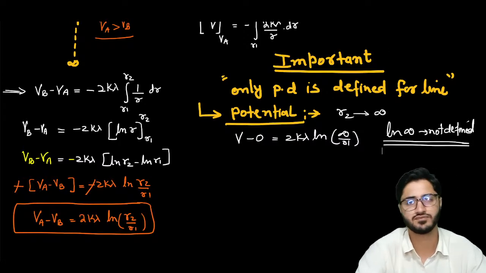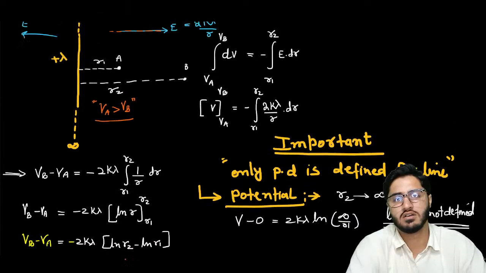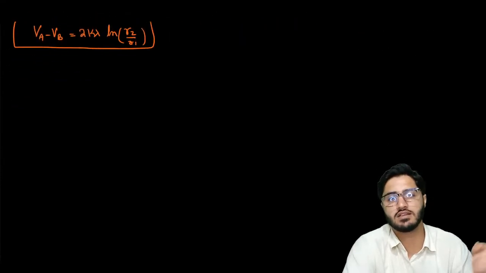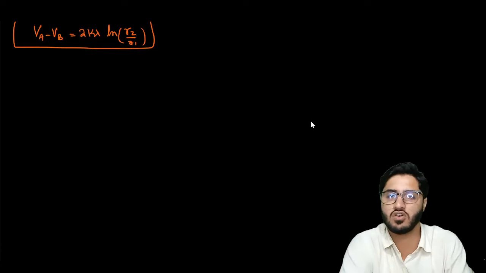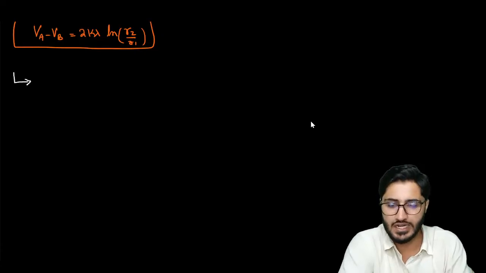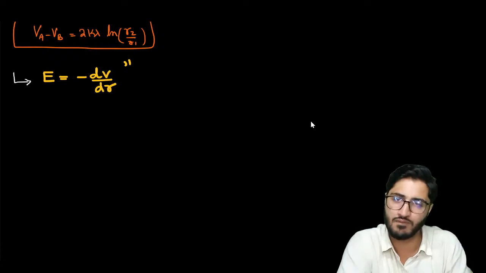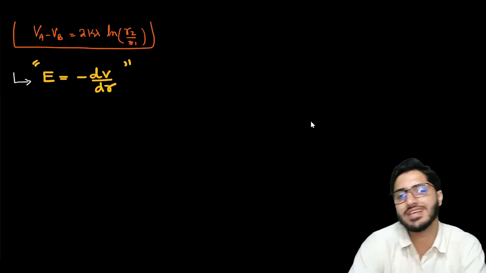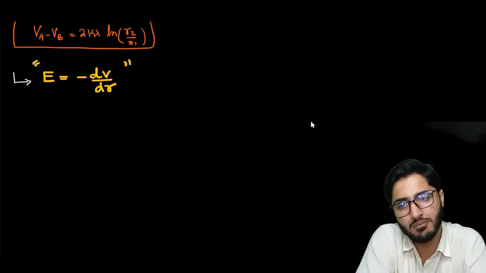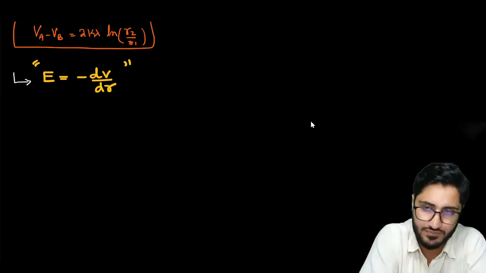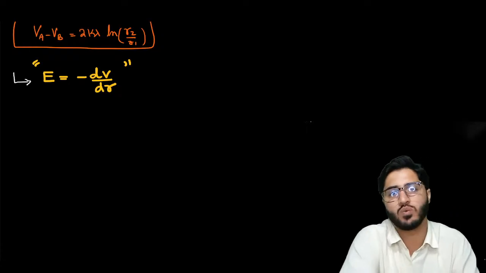Okay, look now. One thing we discussed yesterday is that electric field E is nothing but minus dV by dr. If we go in the direction of electric field, potential will decrease. And what is dV by dr?